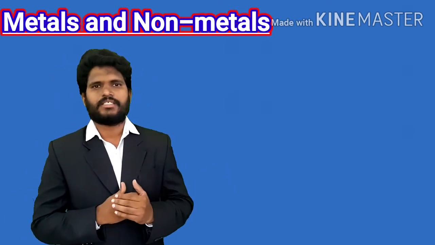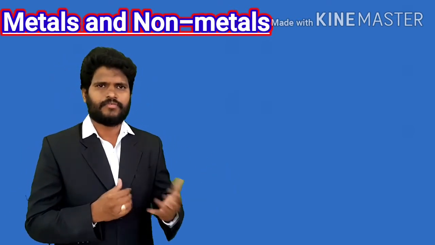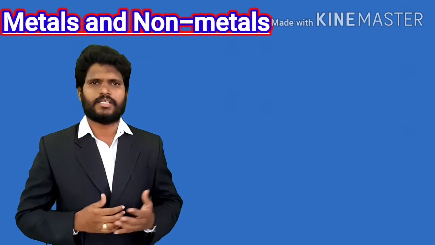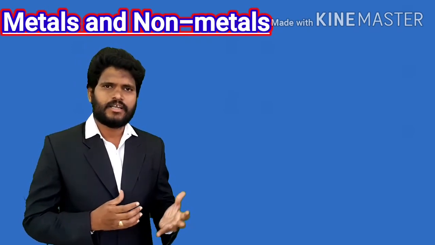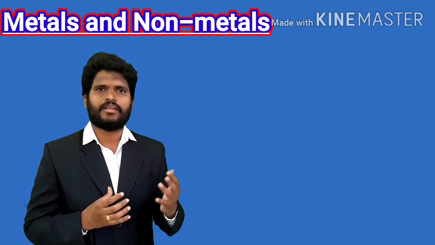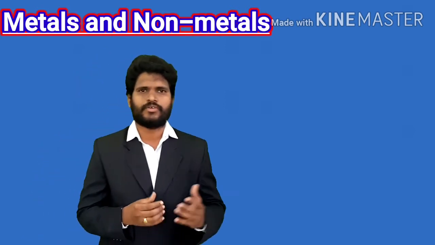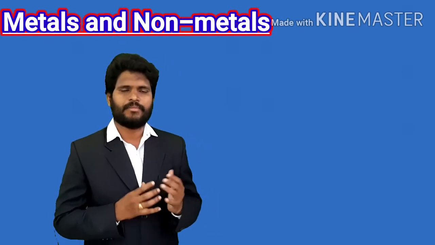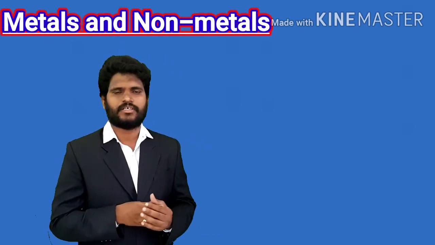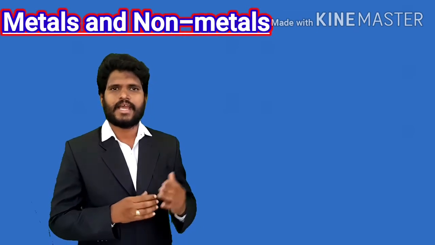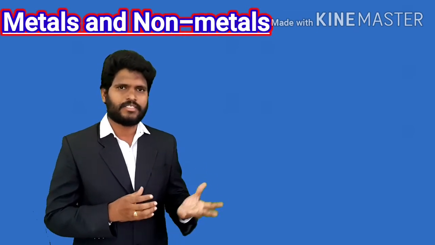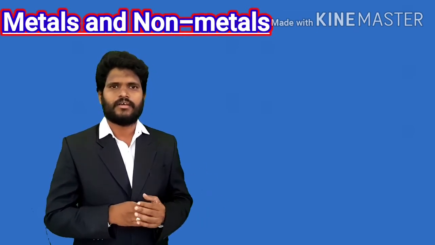Next, for example, gold, silver and platinum are also metals. These metals are used for making ornaments. Why? Because they are very shining in nature and they are less reactive with atmospheric oxygen, water and acids.